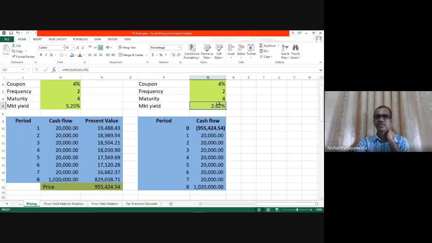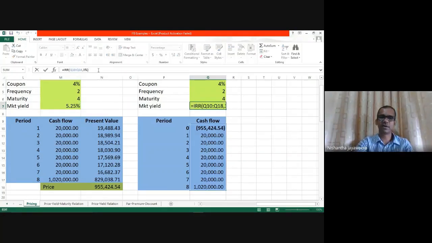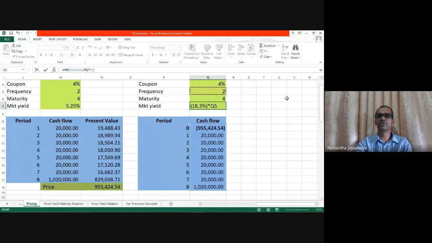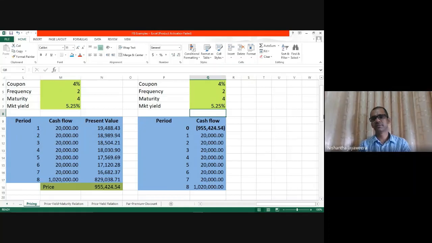So this is the yield applicable for one period, but market yield is for a year. Here one period is semi-annual. This is an annualized figure, so we have to multiply this by the frequency. Then you get 5.25.